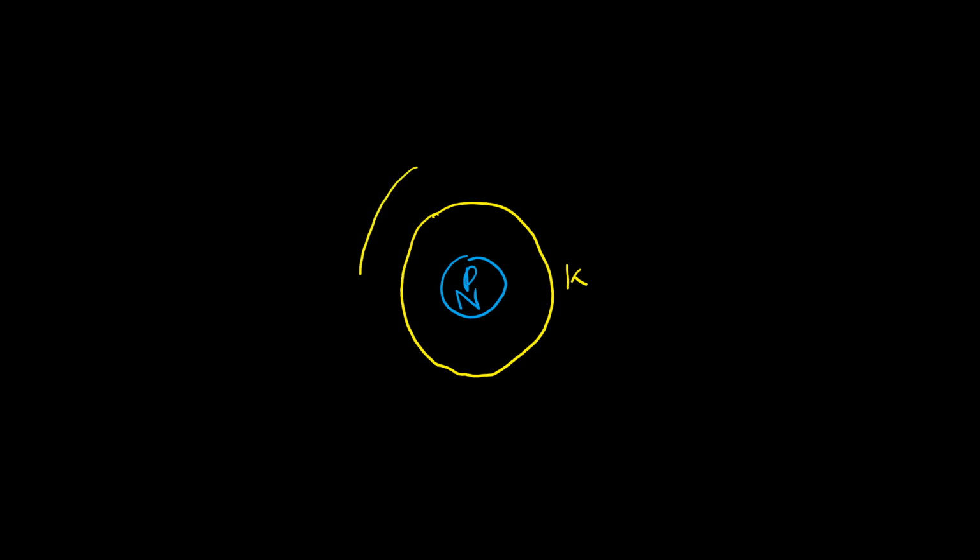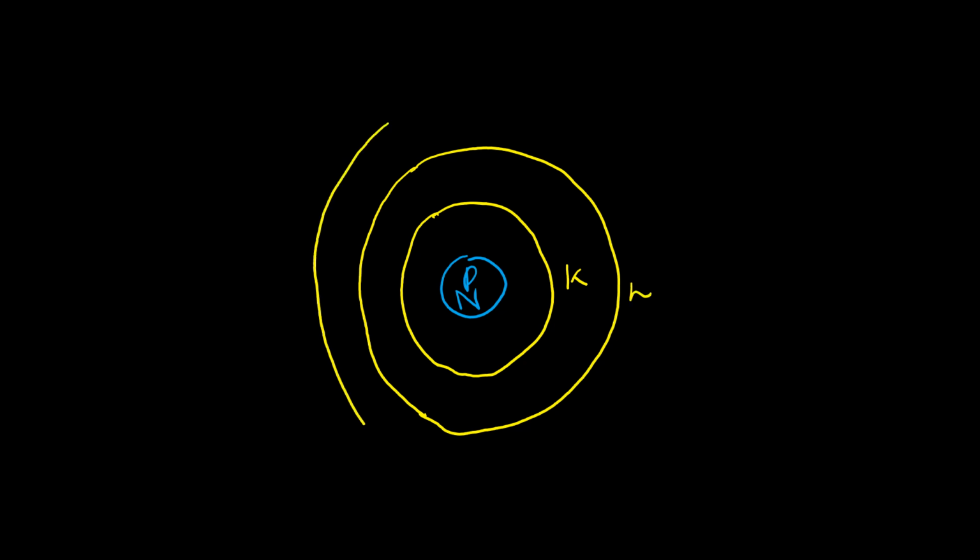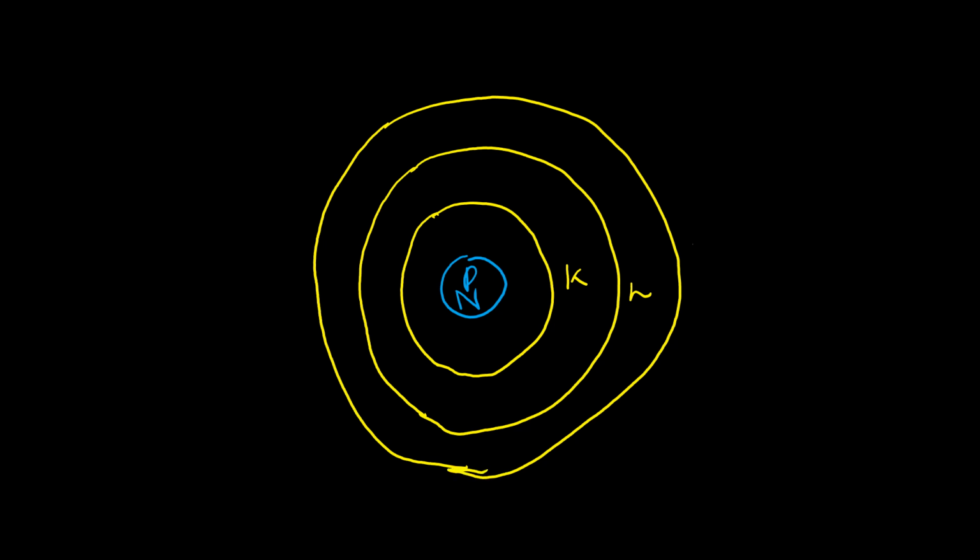A slightly higher energy level than the K shell is known as the L shell, and a higher energy level than the L shell is known as the M shell. The electrons are present in these energy levels or shells. Suppose these are the electrons.